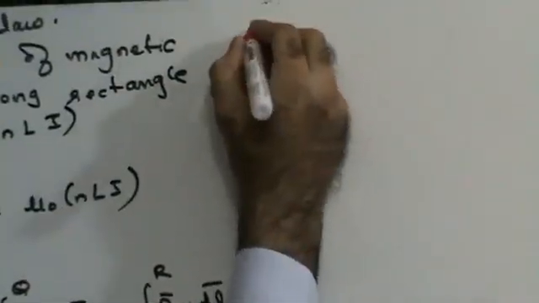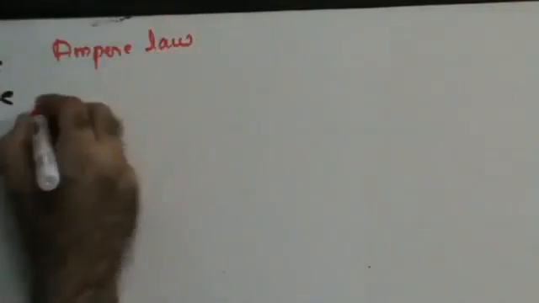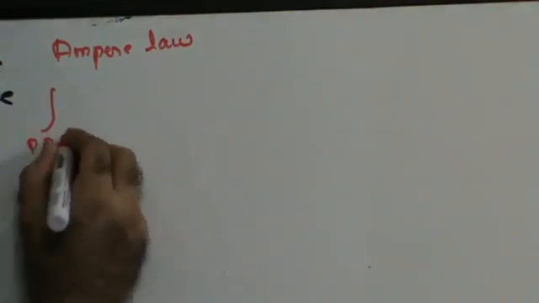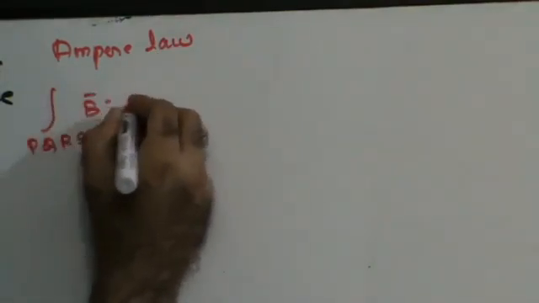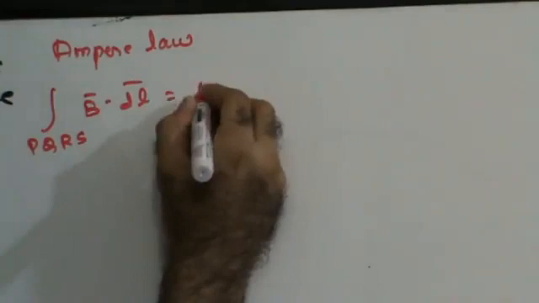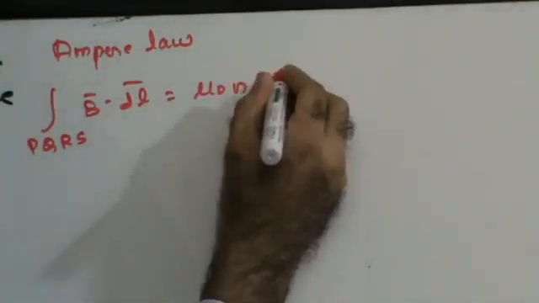If I substitute this in the Ampere law, I'll get, see, my Ampere law I stated was integral of PQRS B vector dot dl vector was mu 0 nI.